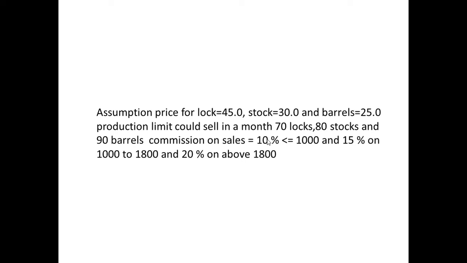Now how will the gunsmith calculate the commission? Here is the calculation of the commission. If the total sale is less than or equal to 1000, then the salesperson will get 10% commission.